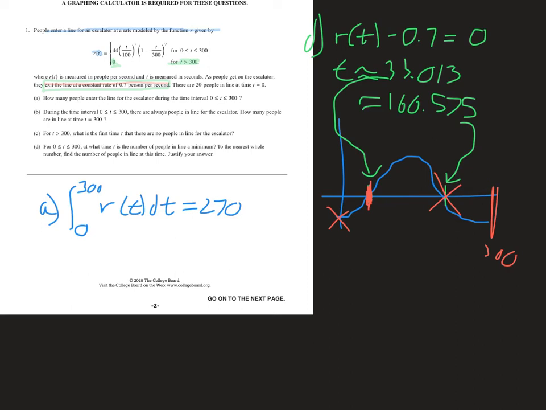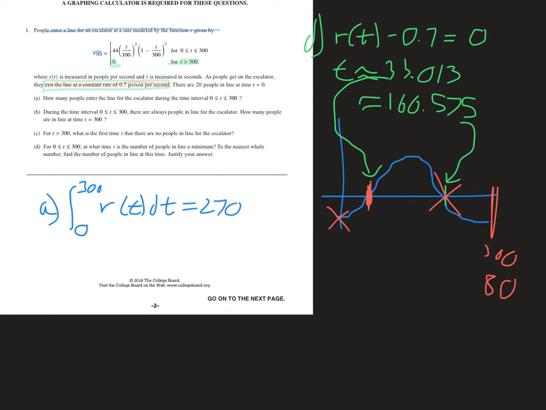So I'm really just going to follow the same process that we did in part B, and just figure out how many people are in line at each of these different times. And in part B, we already know that it's 80 people at time t equals 300.